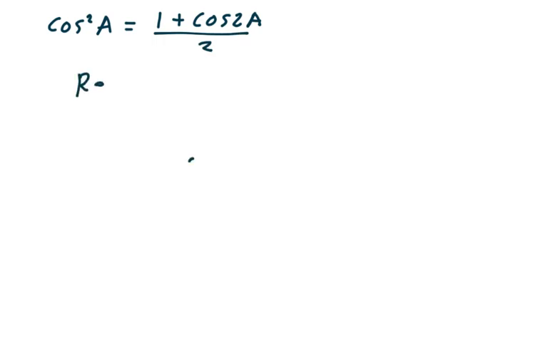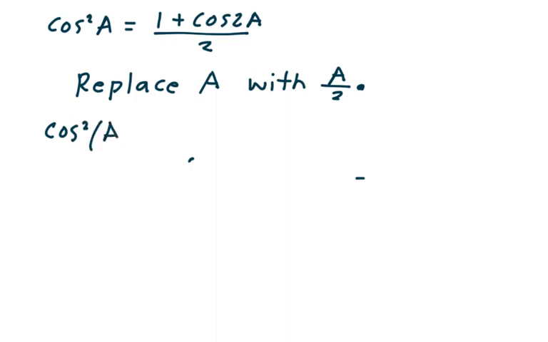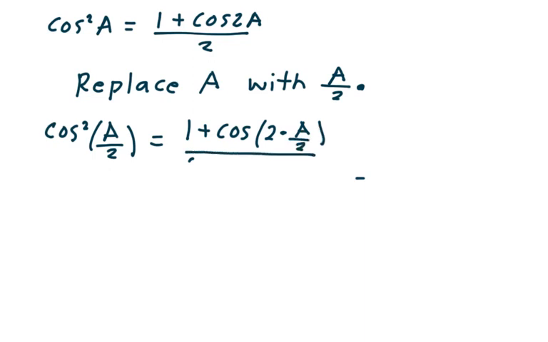Now, by the same token, we have cosine squared A is (1 plus cosine 2A) divided by 2. And so we're going to replace A with A over 2. And so cosine squared of A over 2 is (1 plus cosine of 2 times A over 2) divided by 2.